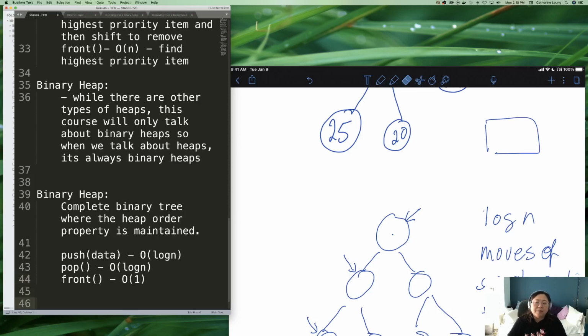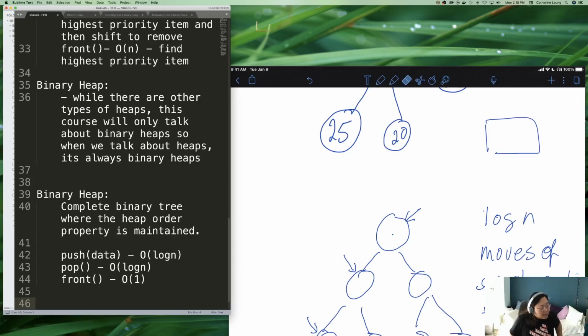So this is great because this actually means that our priority queue can be fast if we use a binary heap to implement it, okay? So this is why we do it, because this is actually a faster data structure to use, okay?